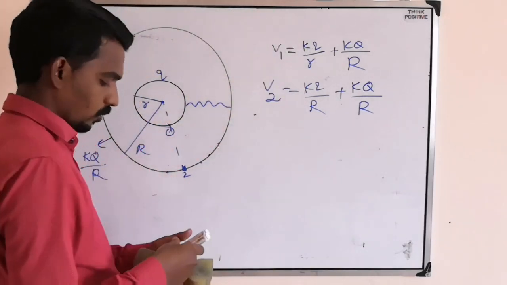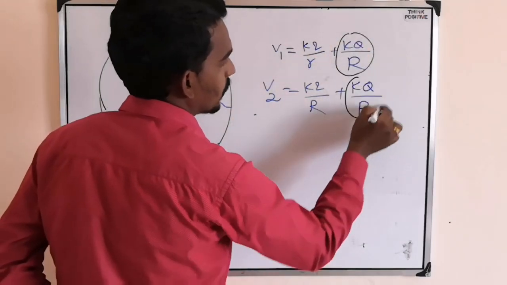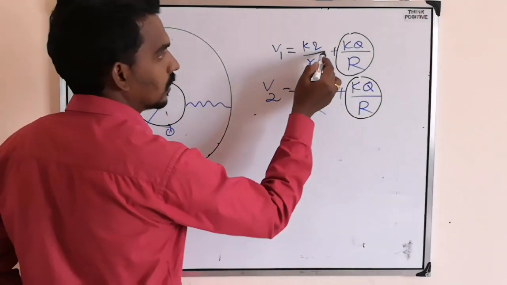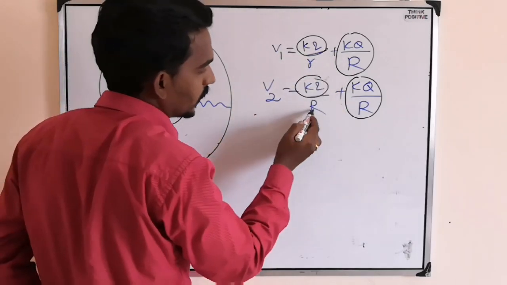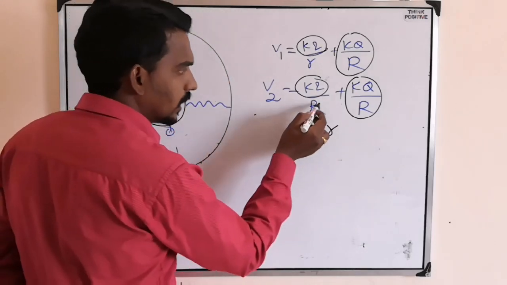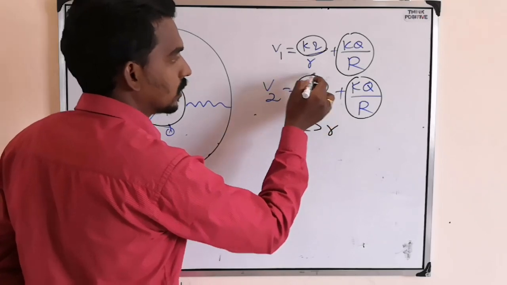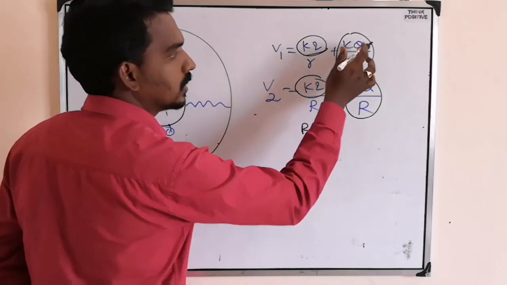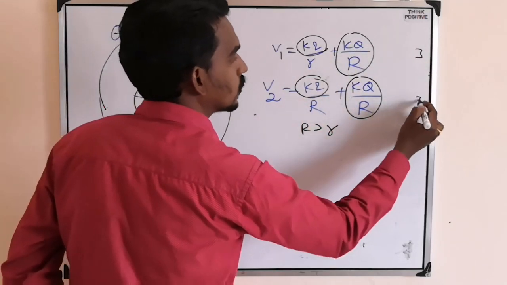Now, if you compare these two, see here, this and this are the same. Here, this and this are the same. So here, capital R is greater than small r. So here the denominator is more, so the value is less. So this is lesser than this one. This is the same, like this is 3, this is also 3.